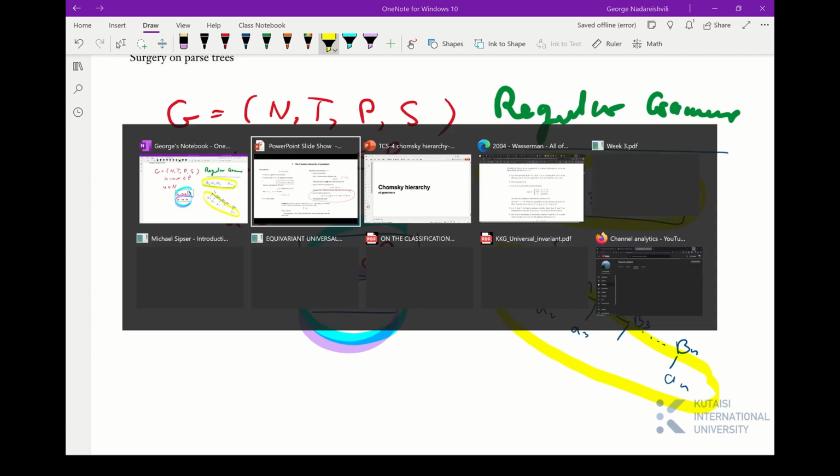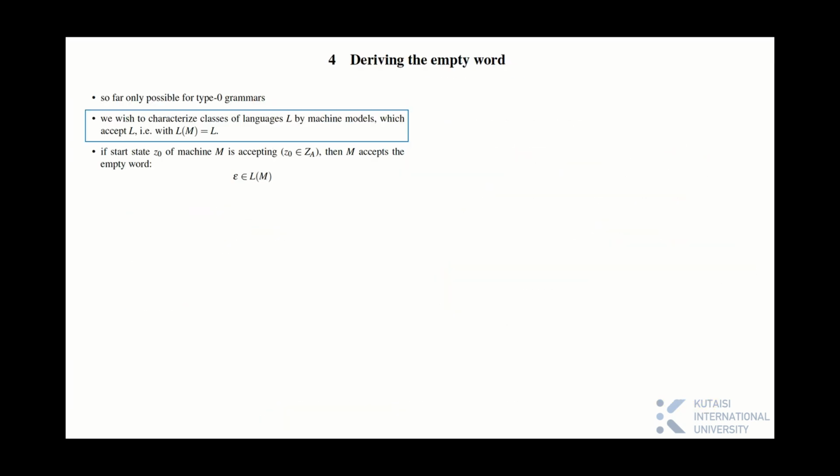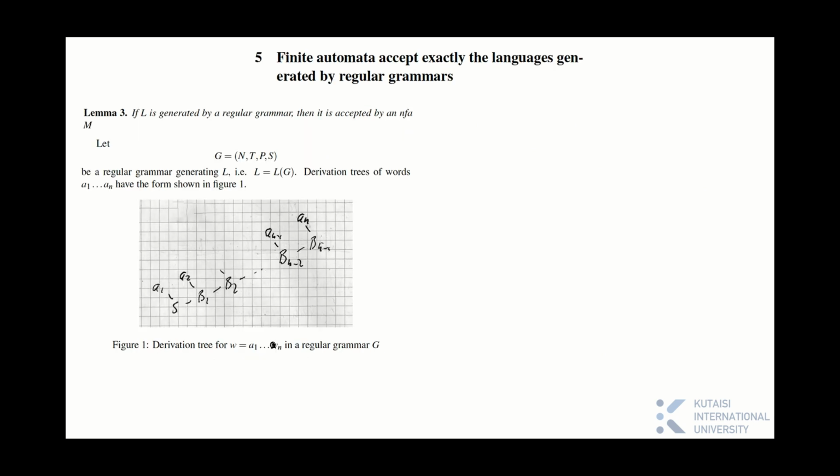But let's go back to our slides, which were here. So what I'm trying to prove now, this is the lemma that I did not state out, is that if L is generated by a regular grammar, then it's accepted by an NFA. We know that NFAs and DFAs are the same. NFAs will be easier because you might have a rule that B1 produces A1, but B1 also produces A2.